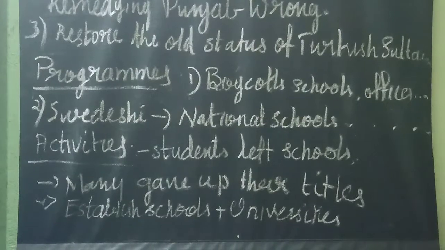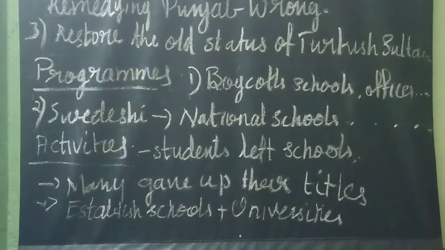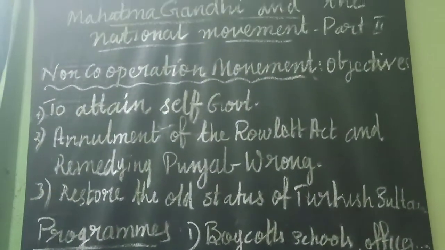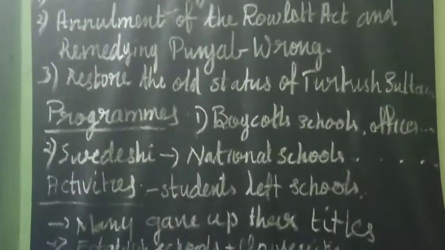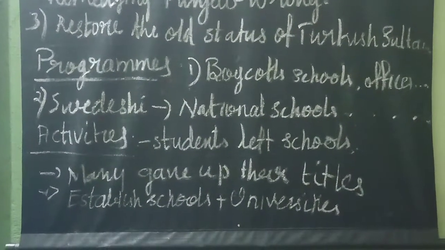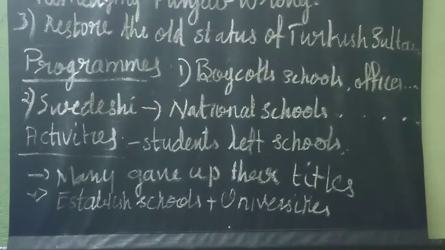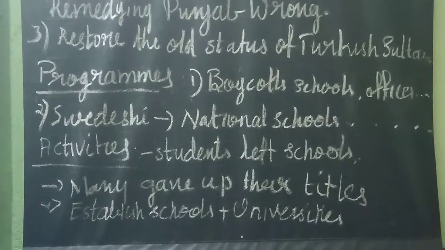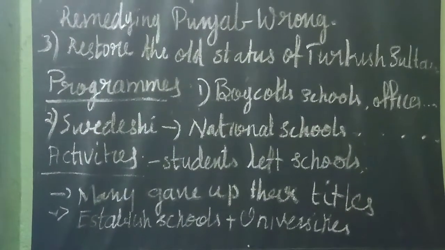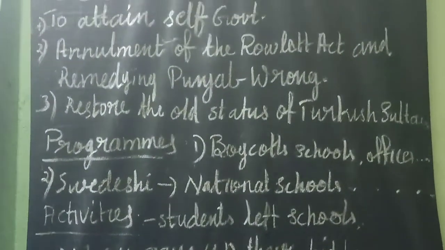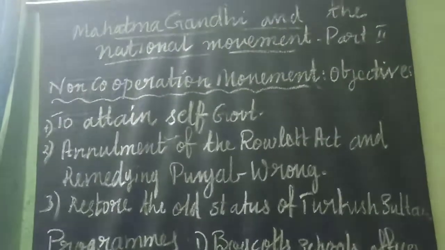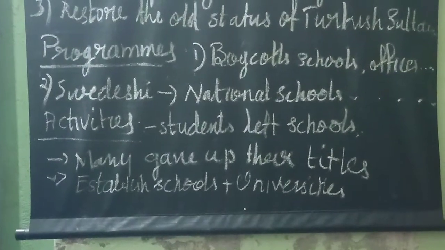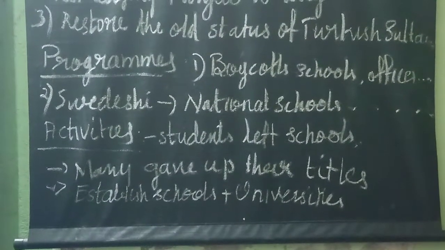Okay, so lawyers like Deshbandhu Chittaranjan Das, Motilal Nehru, Rajendra Prasad gave up their legal practice. A number of students left schools and colleges. Congress also boycotted the elections to the legislatures, and charkas were introduced, and in that way they started spinning cloth. Gandhiji first started spinning. Then a number of universities were established in different parts of the country, especially Jamia Millia Islamia, considered a national university, then Bihar Vidyapeeth, Kashi Vidyapeeth, Gujarat Vidyapeeth.